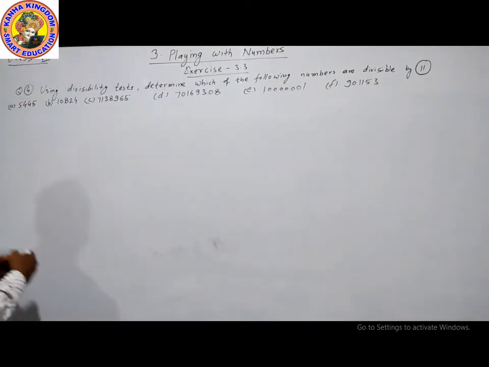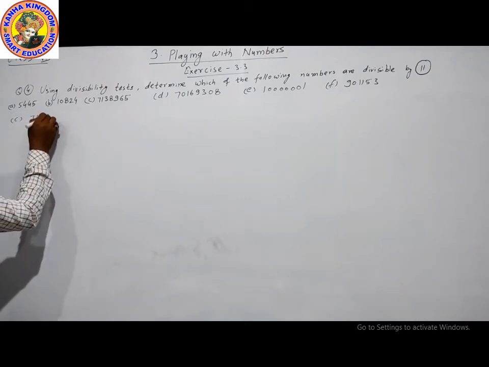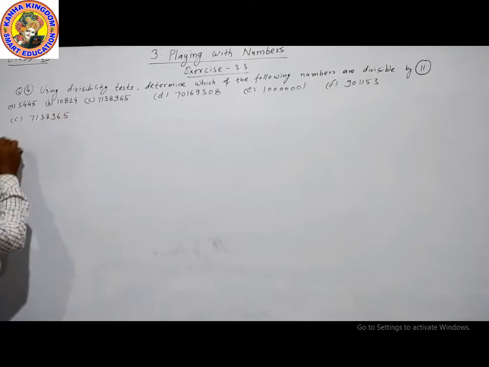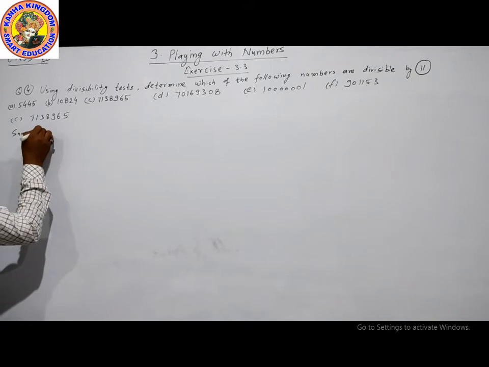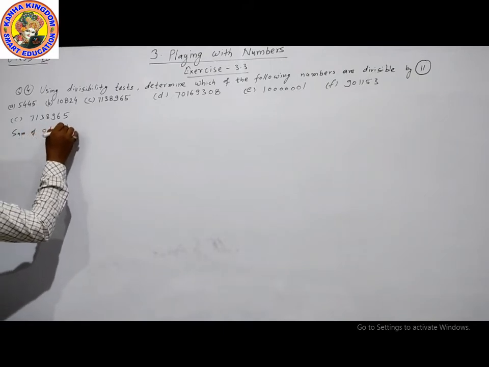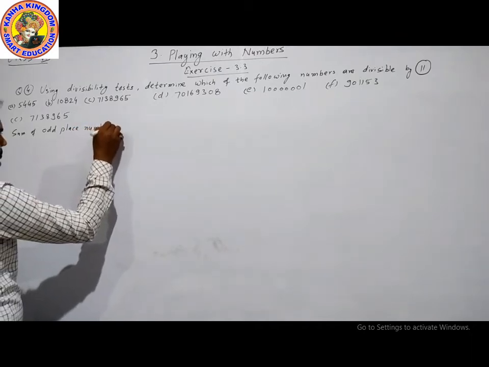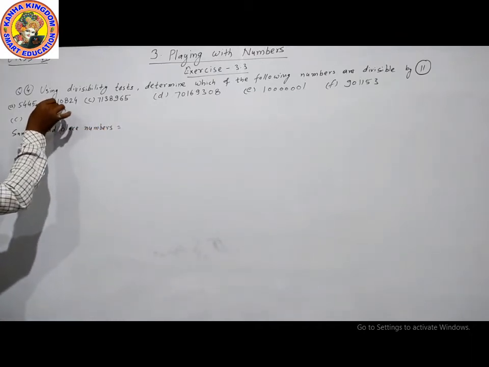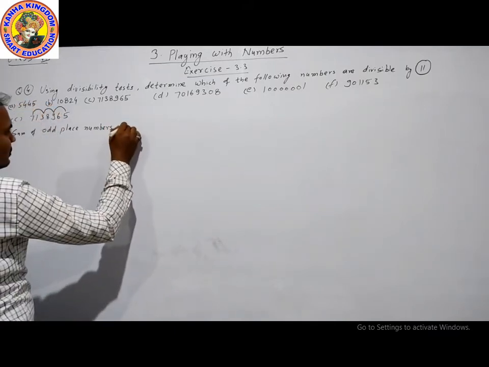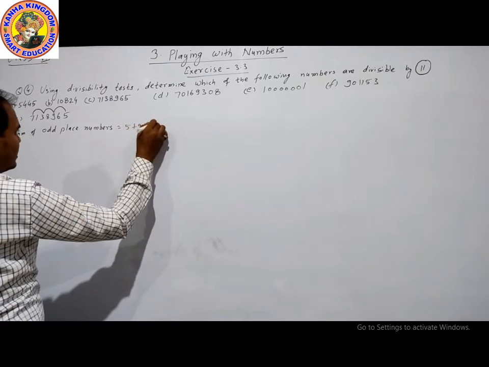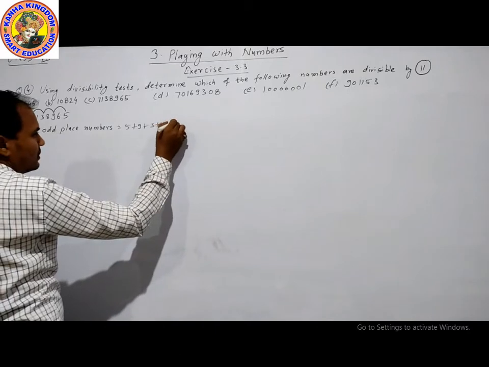Now the next one is C, 713895. Sum of odd place numbers: 5, 9, 3, 7. 5 plus 9 plus 3 plus 7. 7, 3 is 10, 19, 24.